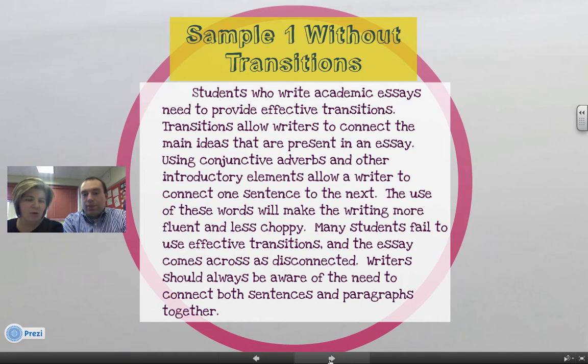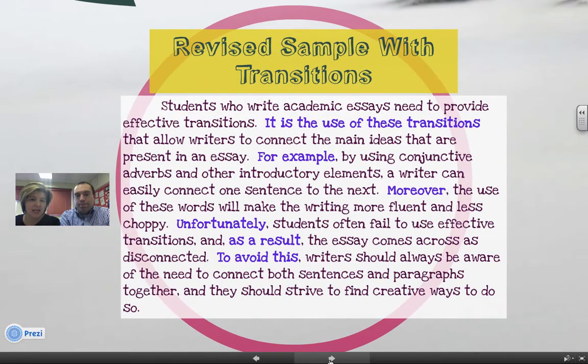Now let's take a look at what this paragraph looks like when it has transitions in it. So here's the same sample paragraph where I've included some transitions to help the flow of the paragraph. Students who write academic essays need to provide effective transitions. It is the use of these transitions that allow writers to connect the main ideas they are presenting in an essay. For example, by using conjunctive adverbs and other introductory elements, a writer can easily connect one sentence to the next.